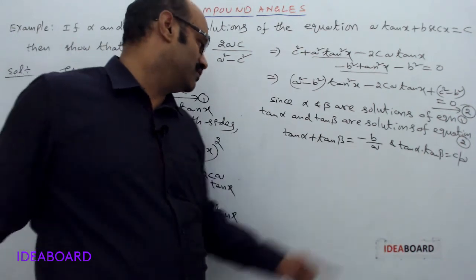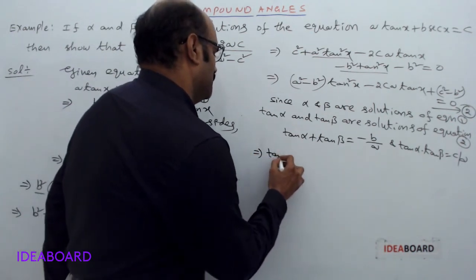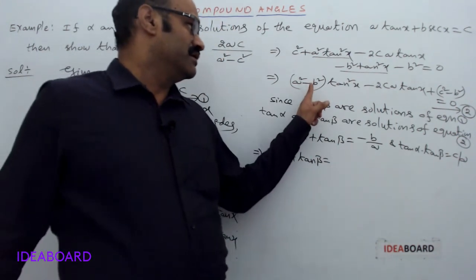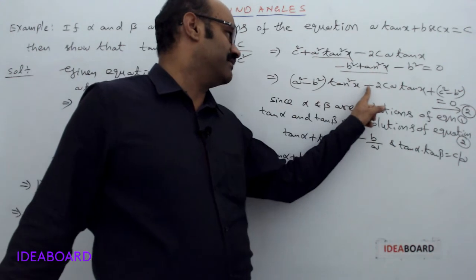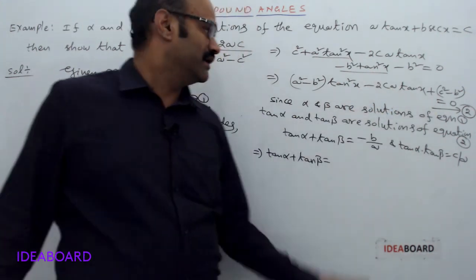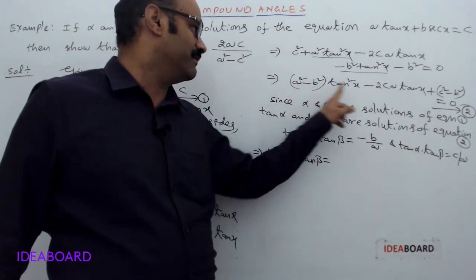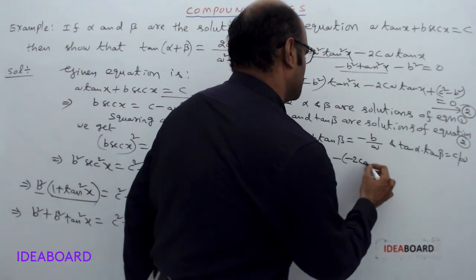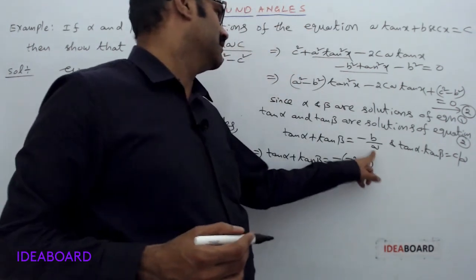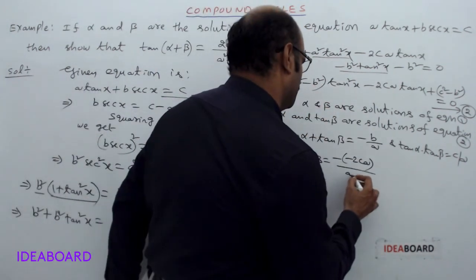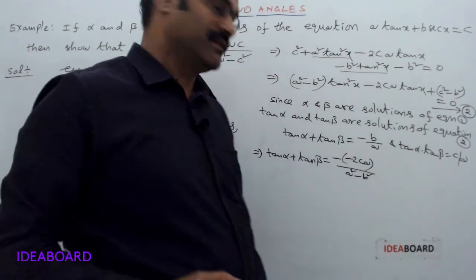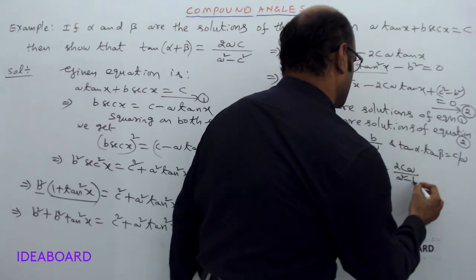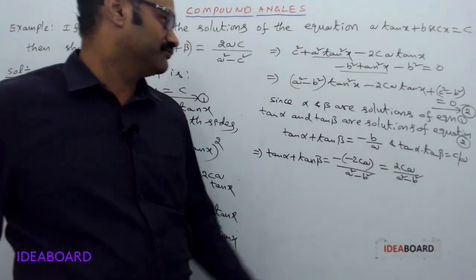It is in the form of ax square plus bx plus c. Here a equal to a square minus b square, b equal to minus 2ca. So minus of minus 2ca by a square minus b square, equal to 2ca by a square minus b square.